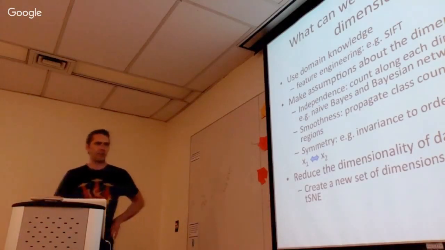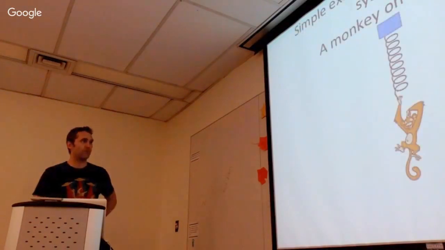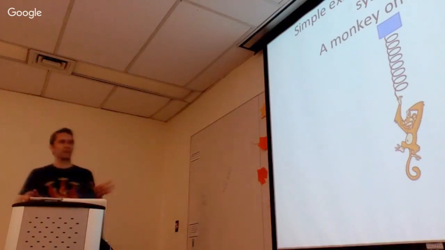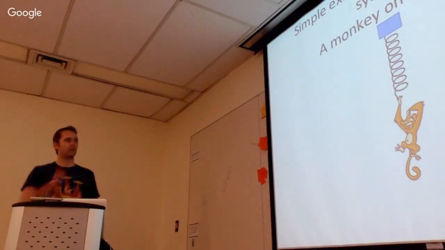And it has a couple of different ideas. As a super simple example, this is one of these classic physics problems. Imagine you have some spring and you have a monkey suspended from it. No friction in the system, right?